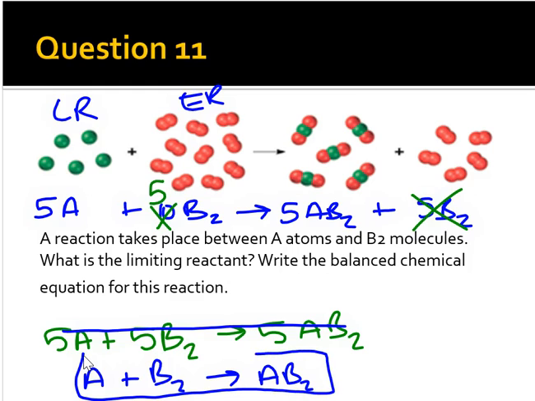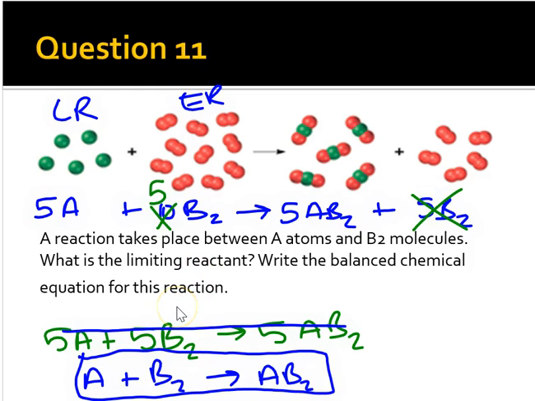Because remember, what does a chemical equation do? It tells you the simplest whole number ratio for the coefficients, everything's reduced, of what reactants are needed to make the product. So it doesn't matter that there's 5 of them. The product is AB2. What needs to create AB2?